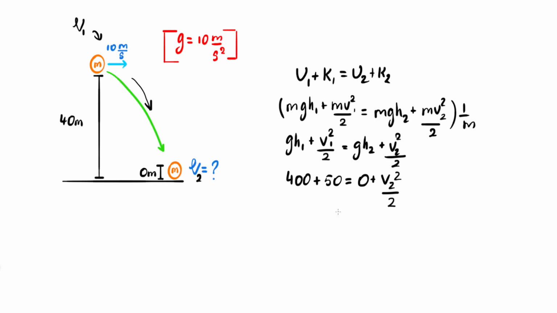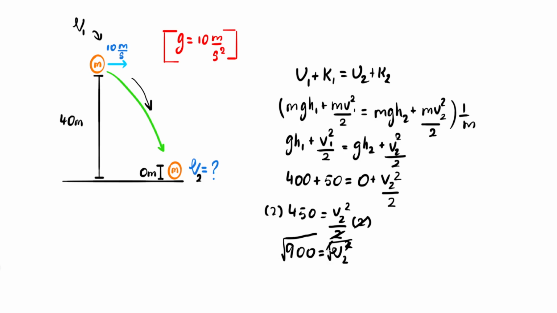So 400 plus 50 is basically 450, which is equal to v2 squared by 2, and 450 times 2 is 900. If I multiply everything by 2, we get 900 is equal to v2 squared. We will find the speed, not the velocity again, so let's put them under the square root.